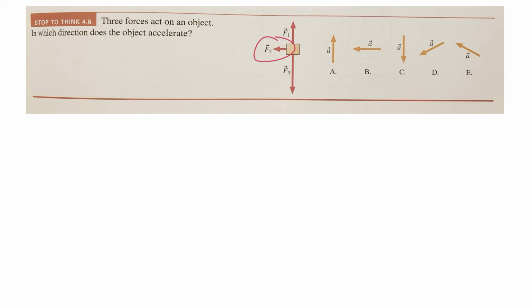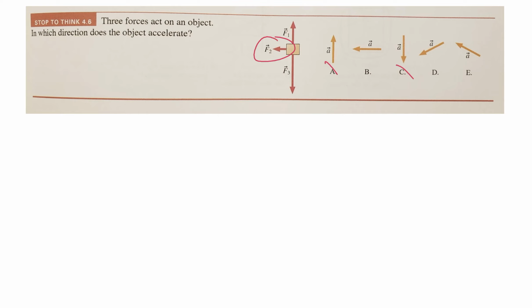We have this vector F2 that's pointing us to the left, which means we will move to the left because there's nothing counteracting that, okay? So our answer choice has to have something to the left. So that's not A, that's not C. Now, we have to assume in the picture that they are intentionally making these vectors the correct length.